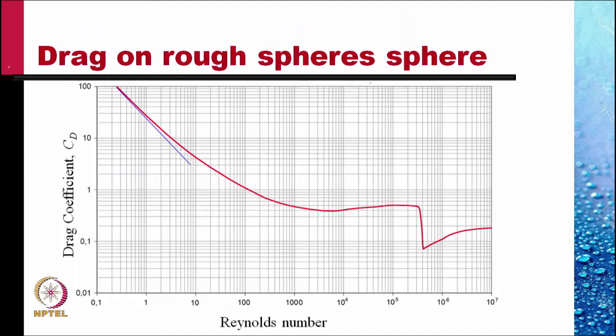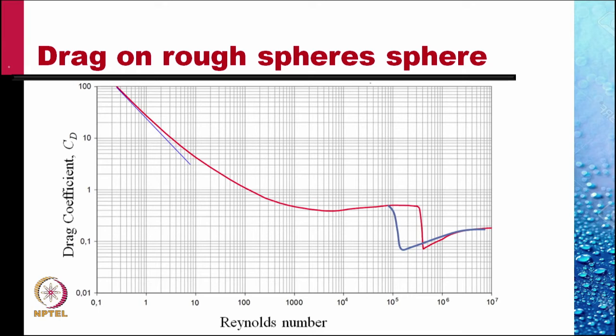What is going on is the fact that if the sphere is rough, the transition changes by a factor of 5 to 6. It reduces the Reynolds number.